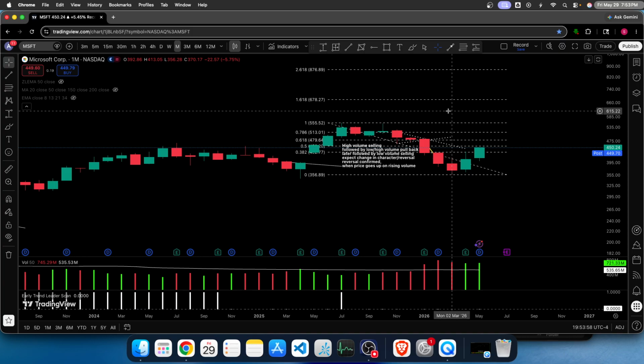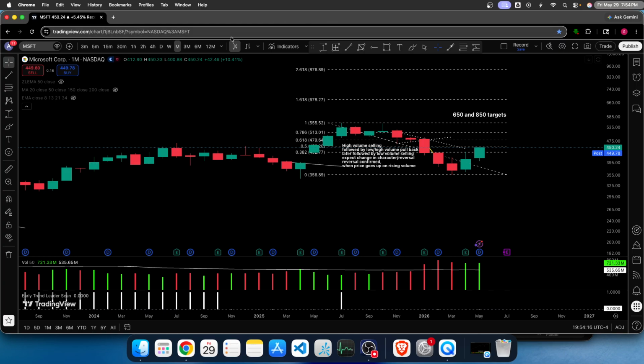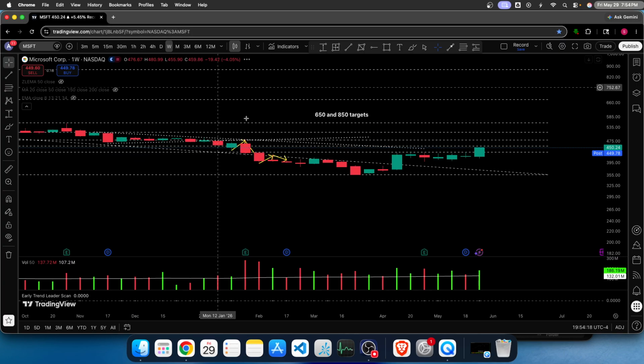Those are the targets we can see in the near term to a year or more, which is 650 and 850. Okay, and let's look at the weekly chart.